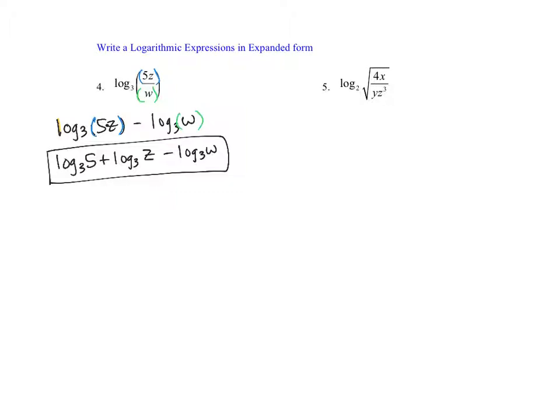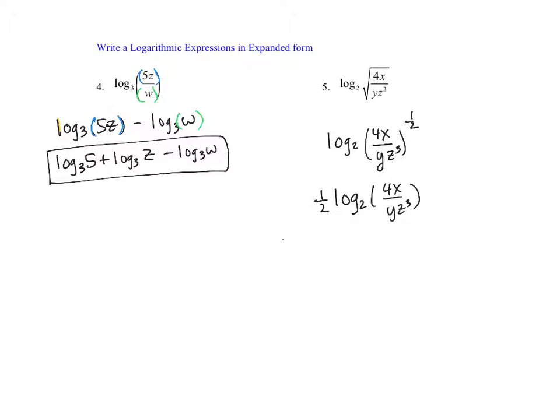There we go. All right, next one, we've got log base 2. I'm going to go ahead and instead of square root, just rewrite that as to the power of 1/2. And then I can use my power property. So the 1/2 power will come and be the coefficient of my log base 2, yz cubed.